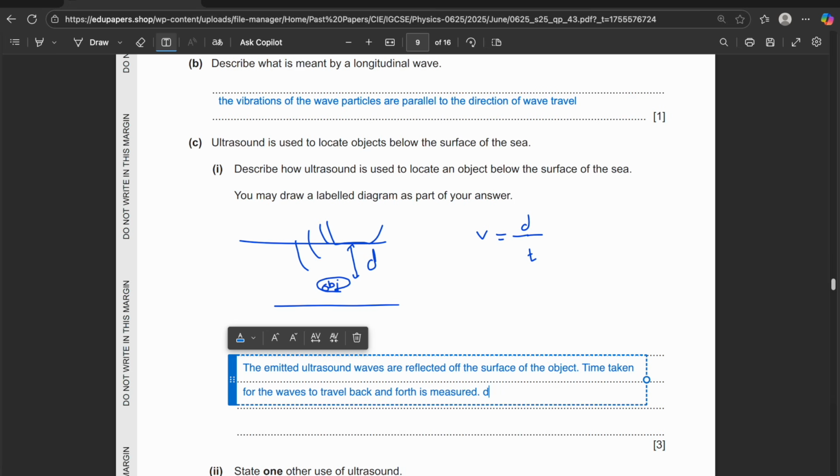So distance is equal to speed multiplied by time, and because this time is for both journeys, we divide this by 2.